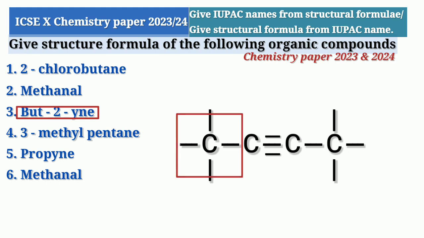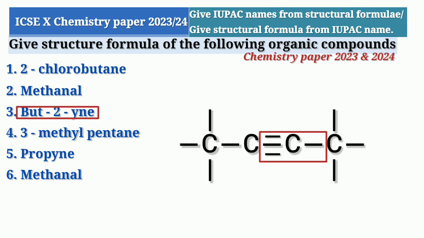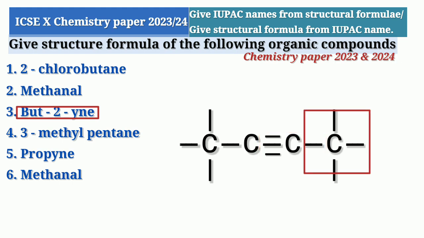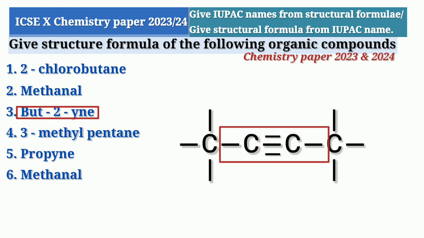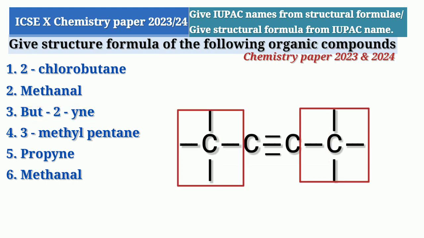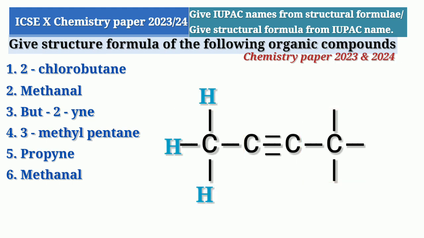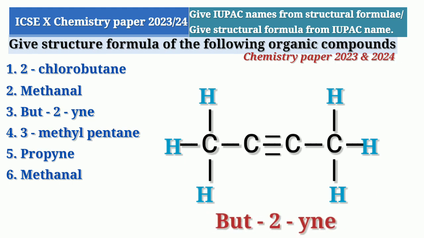We have to make sure all carbon atoms are forming 4 covalent bonds. Middle 2 carbon atoms have completed their 4 bonds with other carbon atoms. Now first and last, that is carbon atoms on extreme, they will complete their remaining bonds with hydrogen atoms. So this is the structural formula of but-2-yne, a 4 carbon compound with triple bond between second and third carbon atom.